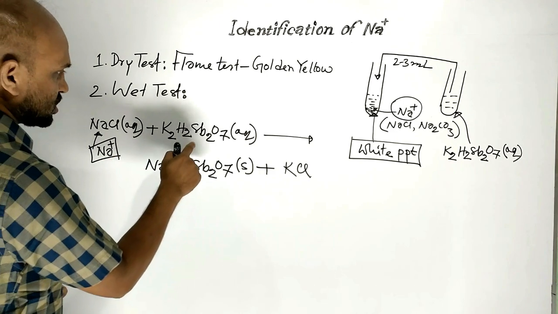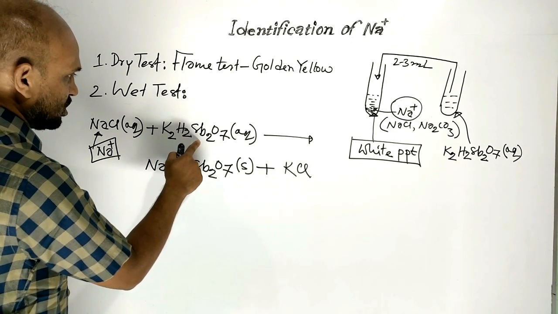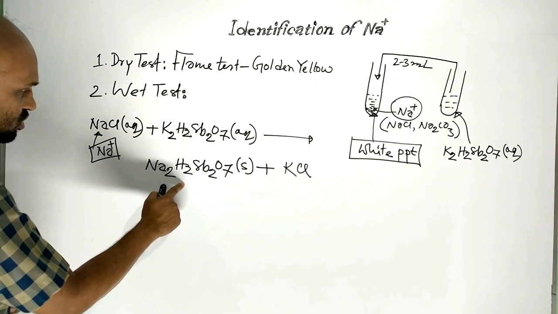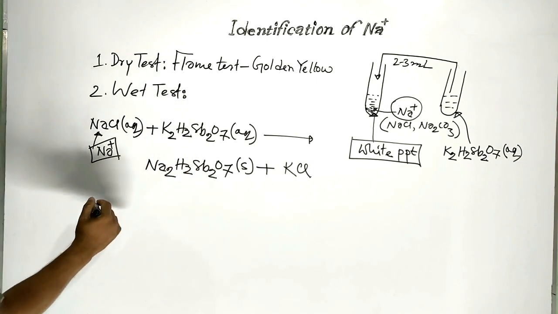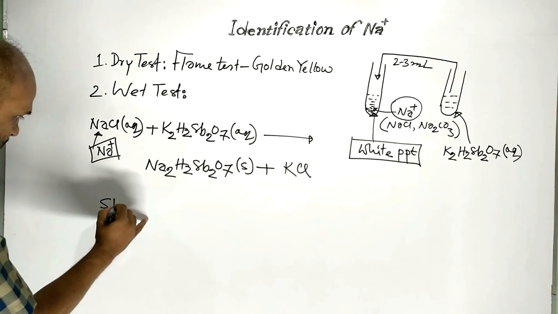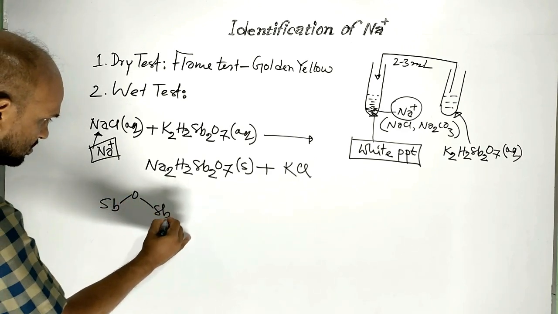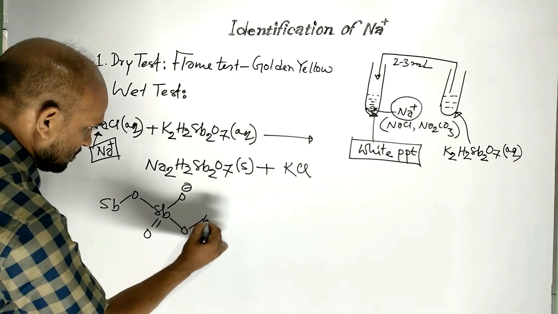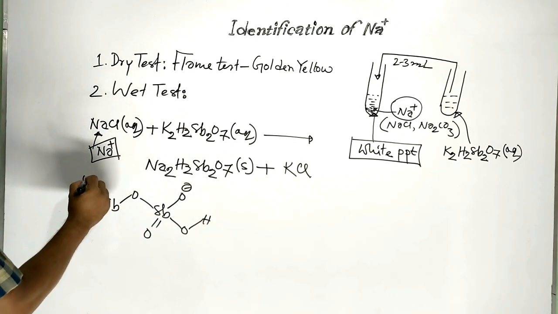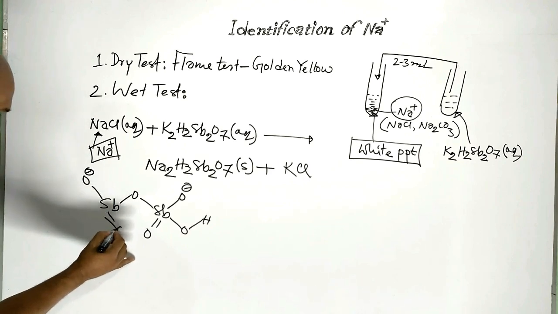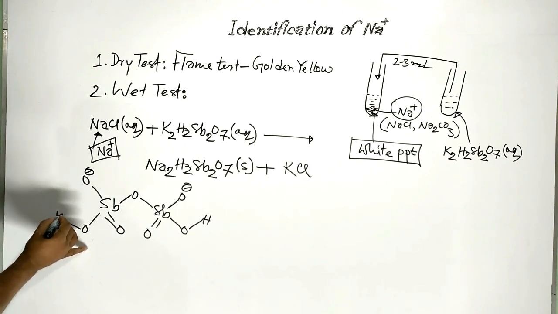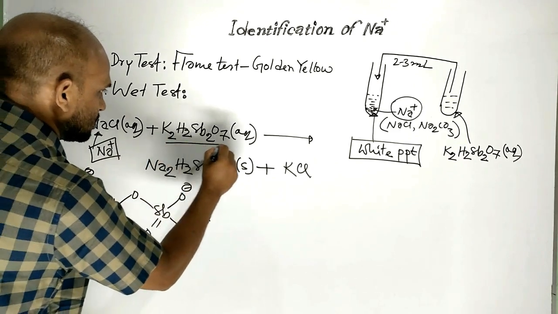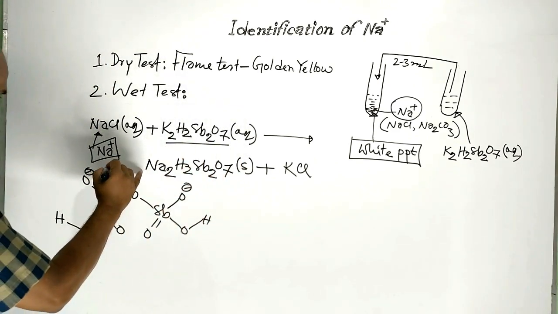Now, let us try to know why this is soluble in water, but this is insoluble in water. Sodium pyroantimonate. Firstly, let us see potassium pyroantimonate.